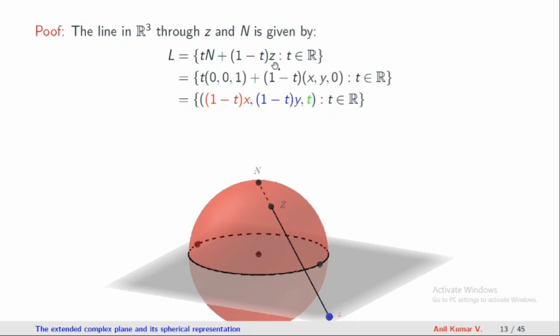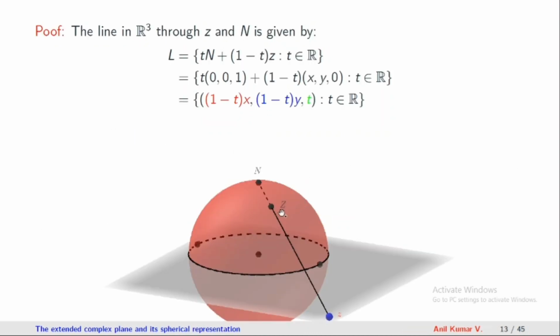So we can write z as (x, y, 0). So L is equal to t times (0, 0, 1) plus (1 minus t) times (x, y, 0), t varies over R. And this can be written as the set of all triplets ((1 minus t) x, (1 minus t) y, t), where t varies over R.